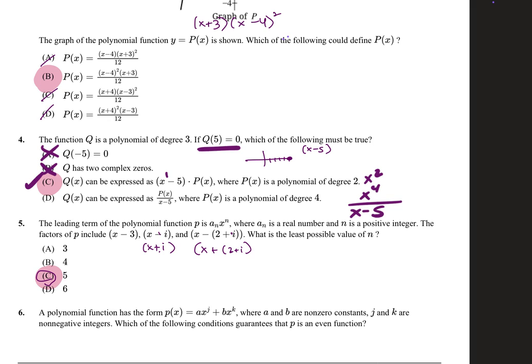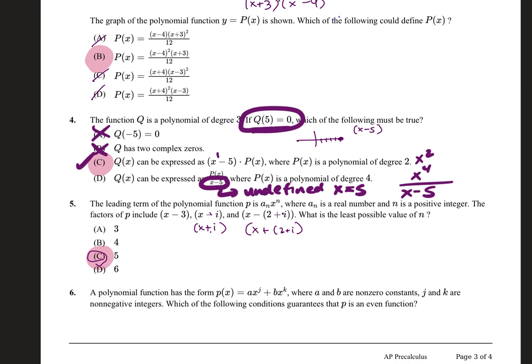So it could reduce it down, but this doesn't work because this would be undefined where x equals 0. No, where x equals 5. But you have a 0 at 5. So that's the problem with that one. Your graph would literally be undefined at 5 because you have a domain restriction, which would mean that you couldn't have a 0 at that.